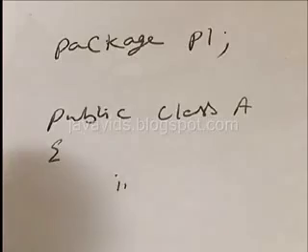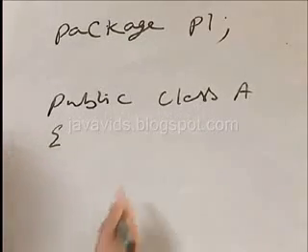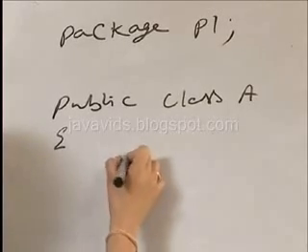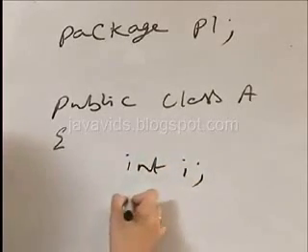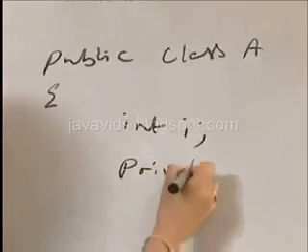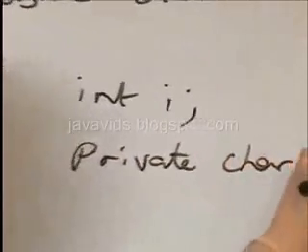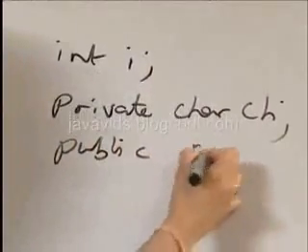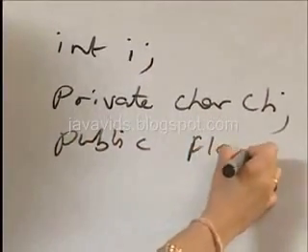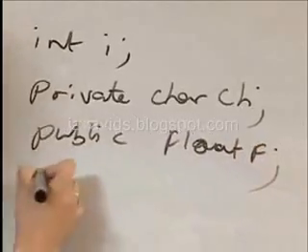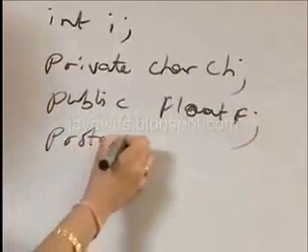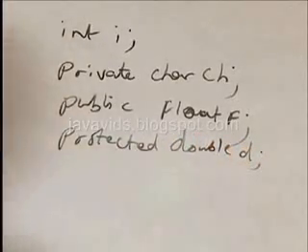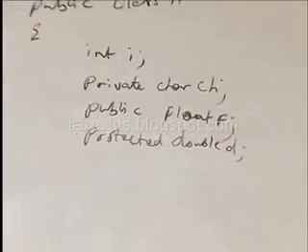Let's assume it has a couple of instance variables, that is variables in the class. Let's call it int I, private char ch, public float f, protected double D. Now let's see where all we can access these members.